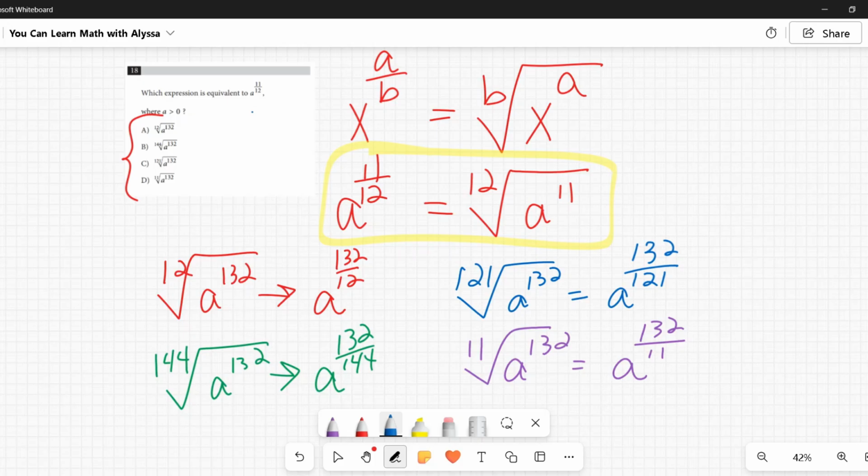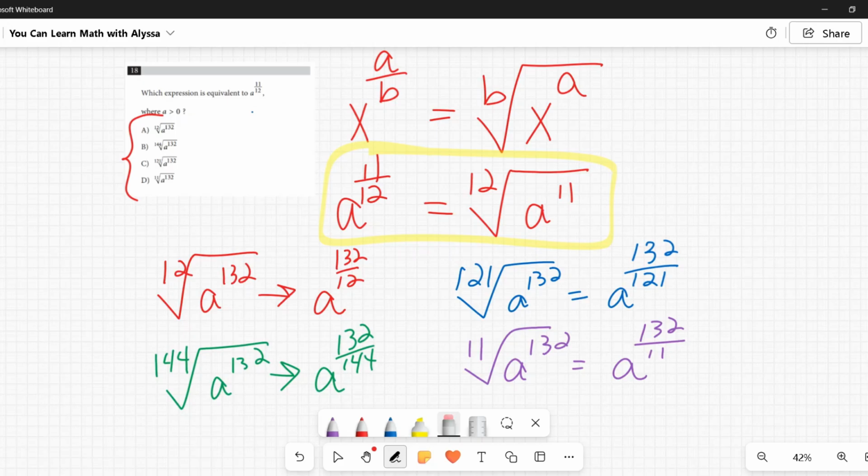Because I think the logical thing, when you just see roots, is to immediately do your conversion and then look for the answer and go, wait a minute, something ain't right. And then you have to come back to this step where you're converting them all and trying to see what's going on.